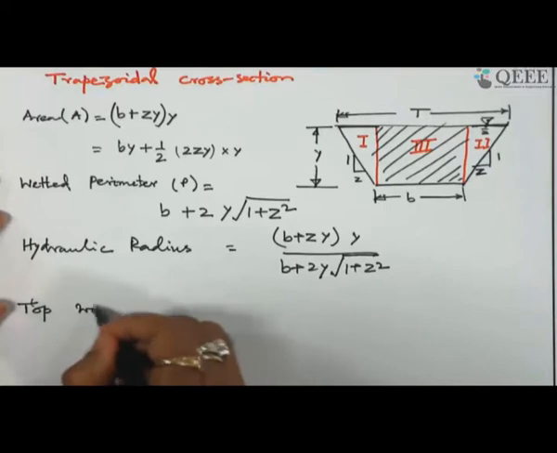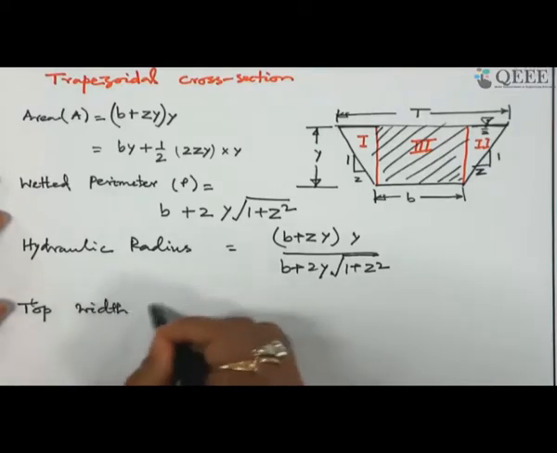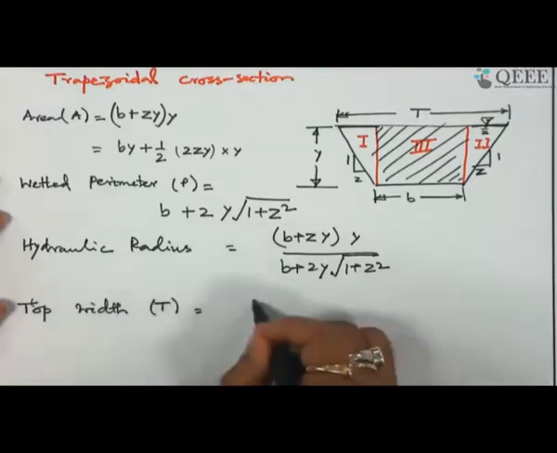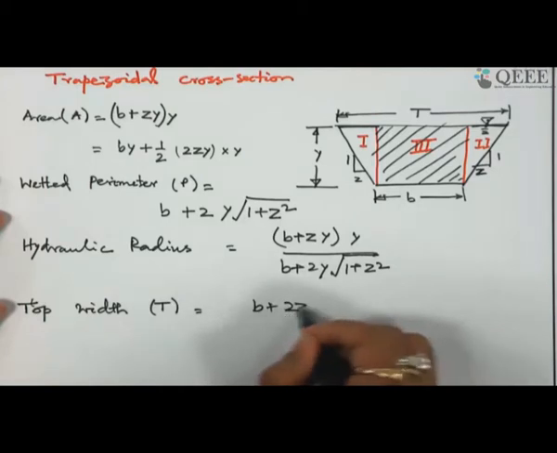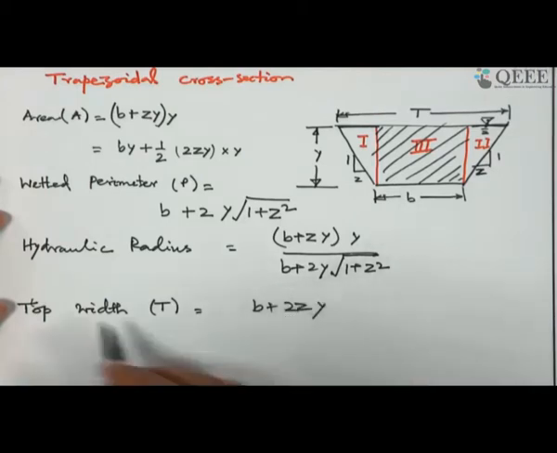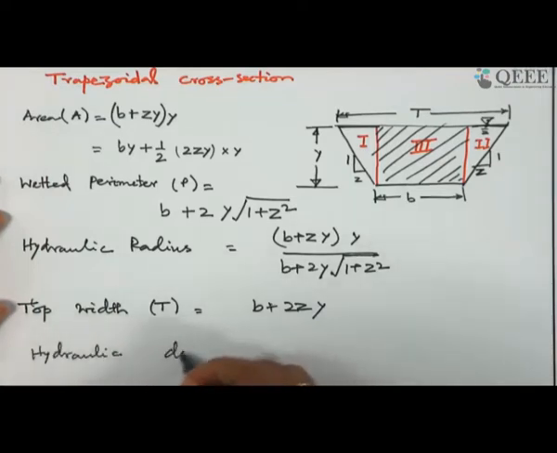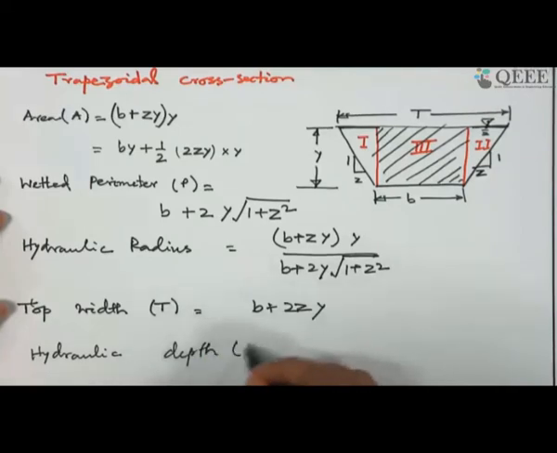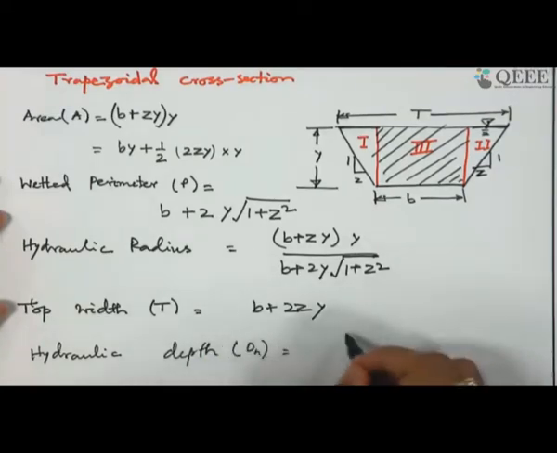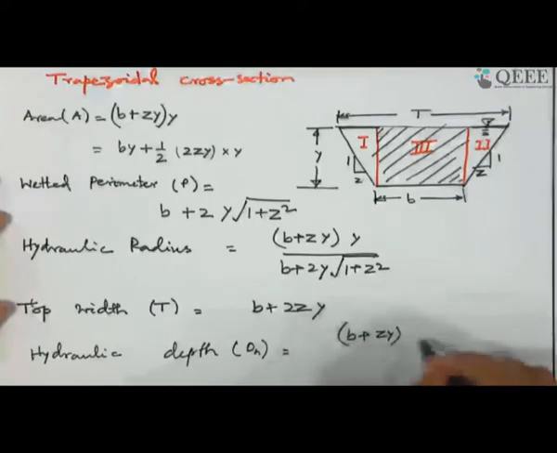Top width T is B plus 2ZY, and hydraulic depth is B plus ZY into Y divided by B plus 2ZY.